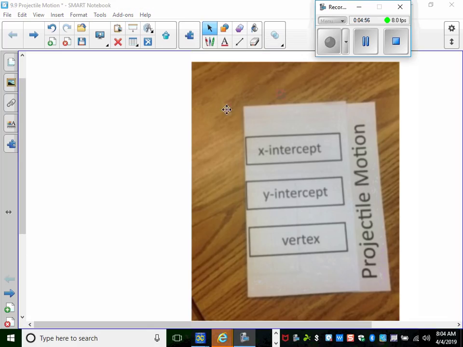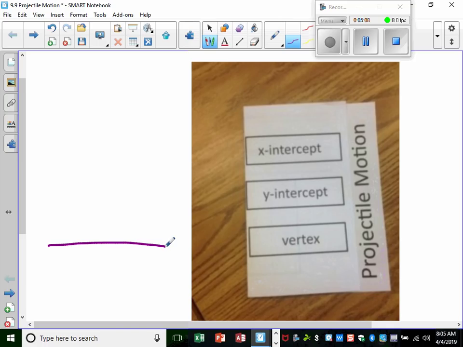All right, so when we're talking about projectile problems, just think about it. If you're diving off of a diving board, and let's just say, I'll just draw a little picture here. Okay, you dive, and then obviously you have to come down to the water at some point. So let's say that's the water.